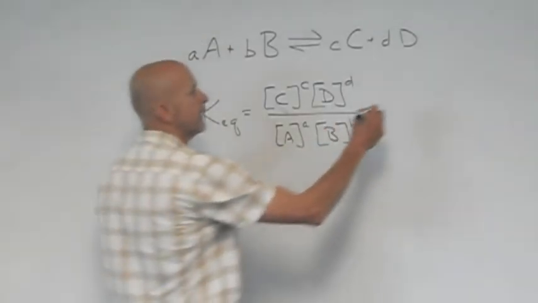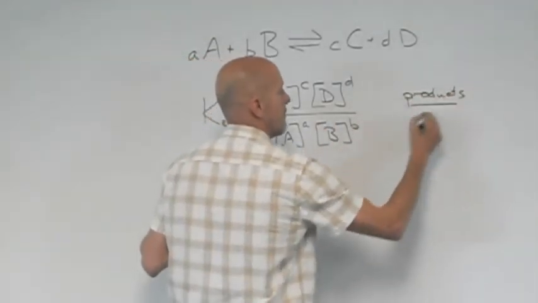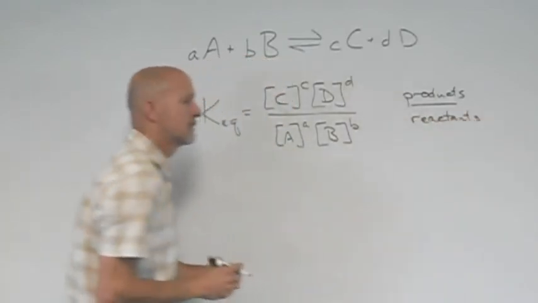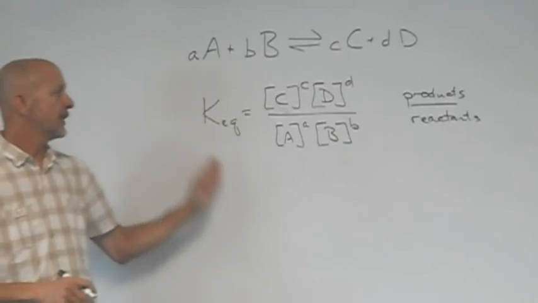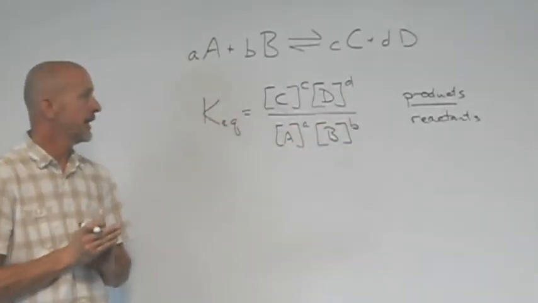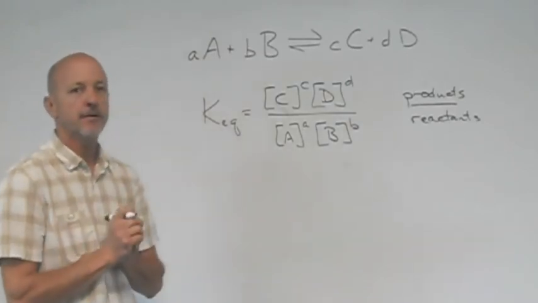So it is products over reactants. And this general expression applies to all reactions at equilibrium. And these equilibrium constants are going to be what we work with quite a bit in this course.